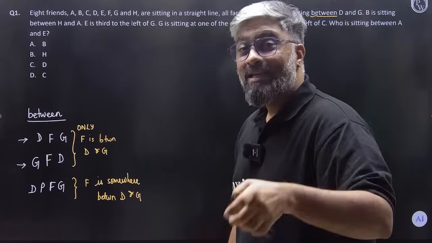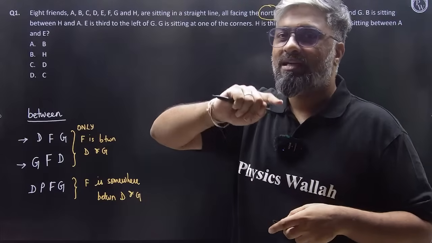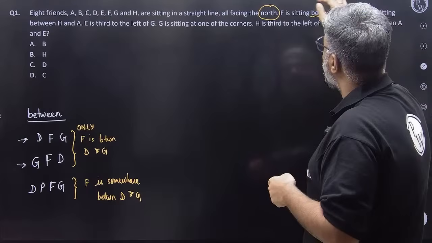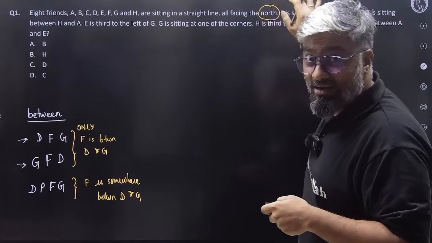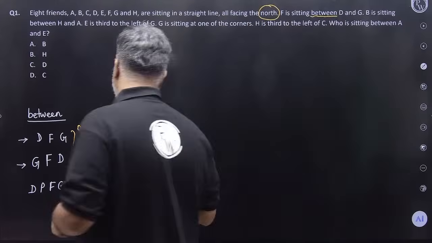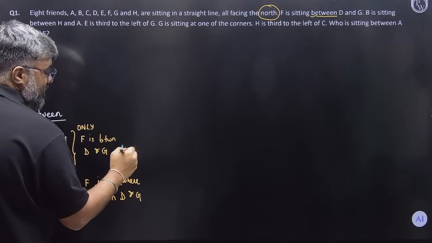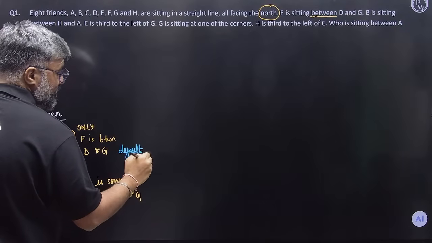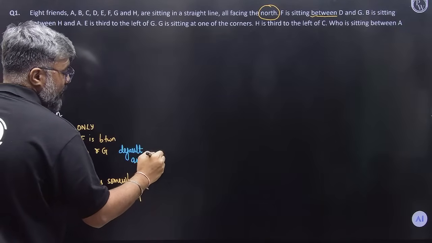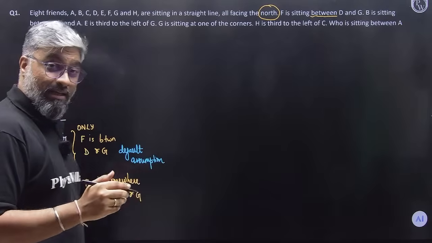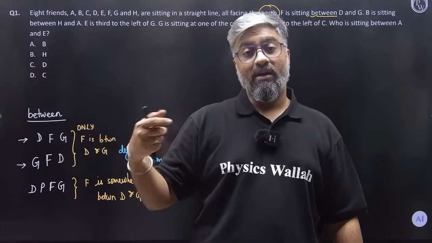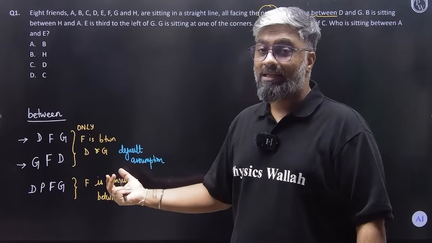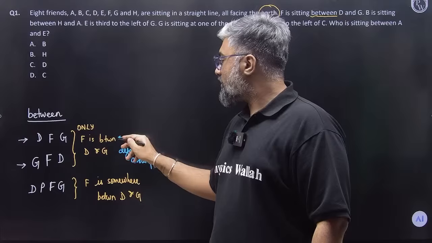Now, just like in North and South, we had a default assumption. Here also, if a statement as bland, as generic as this is given, this would be your default assumption. If they have not mentioned specifically whether it's only F, or that there are other people apart from F as well, then this is what your default assumption would be.